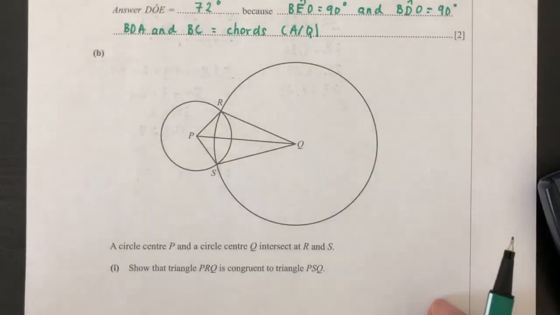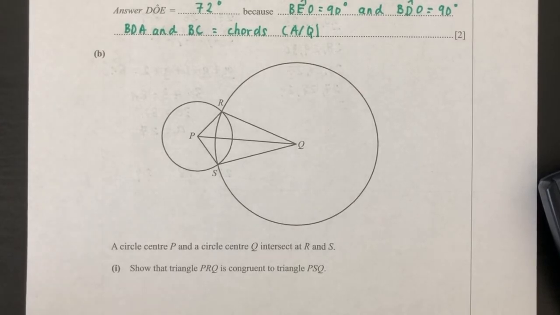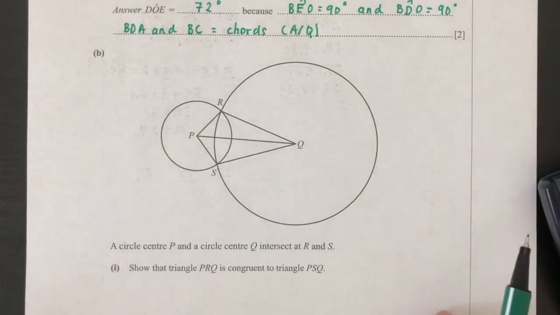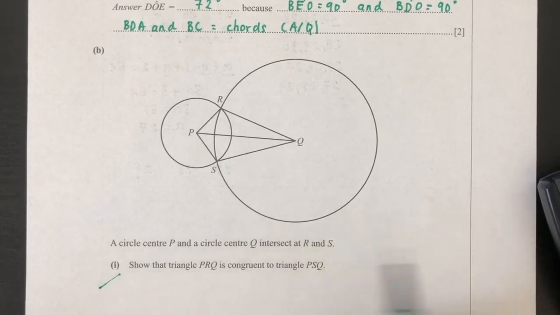Okay, so let's move on to part B. Now, what do we have? We have two circles, center P and center Q. They intersect at the two points R and S. Now, part 1 says, show that triangle PRQ is congruent with triangle PSQ. Congruent means the same.